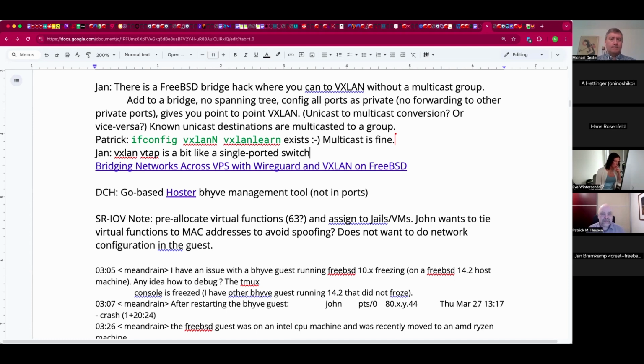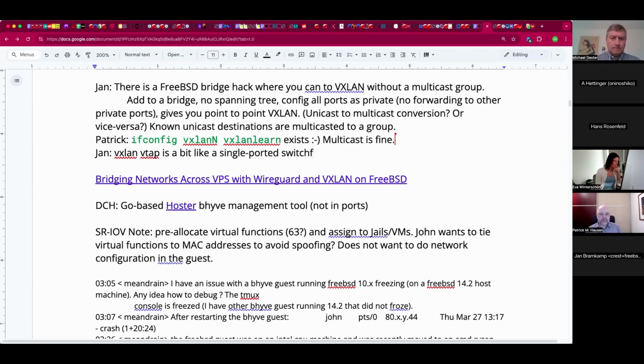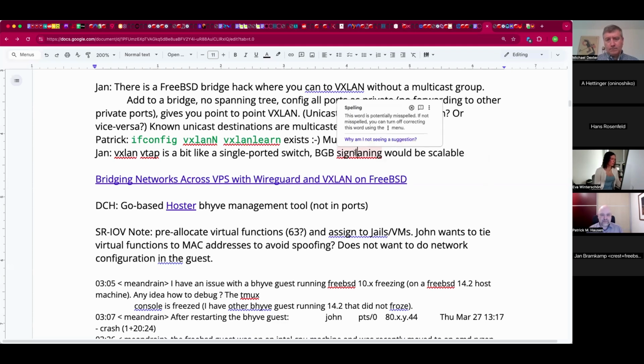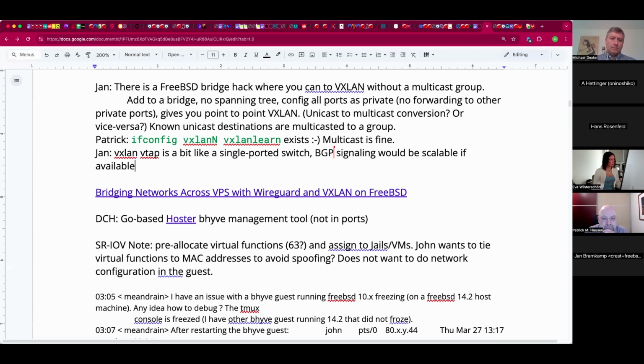And the scalable solution would be to have BGP-based signaling, but we don't have a routing daemon which can take a FreeBSD bridge and VXLAN interface and the BGP piece and keep all of it in sync with the right route types. Someone would have to add backend code into FRRouting for FreeBSD. It exists for Linux. We have a port of FRR 7 and 8, I think.